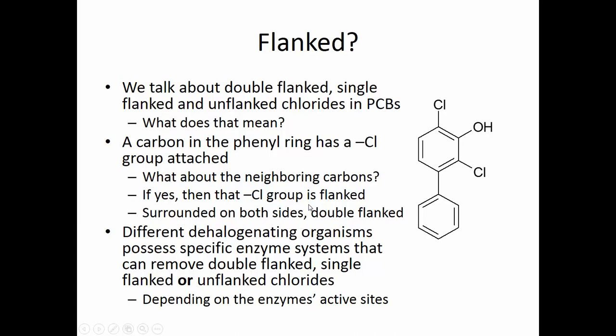Different dehalogenating organisms will possess specific enzyme systems that can remove double flanked, single flanked, or unflanked chlorides. And this is all dependent on the active site of whatever enzymes are used to do this. But for now, it's just enough to know what it means to be double flanked versus flanked versus unflanked.